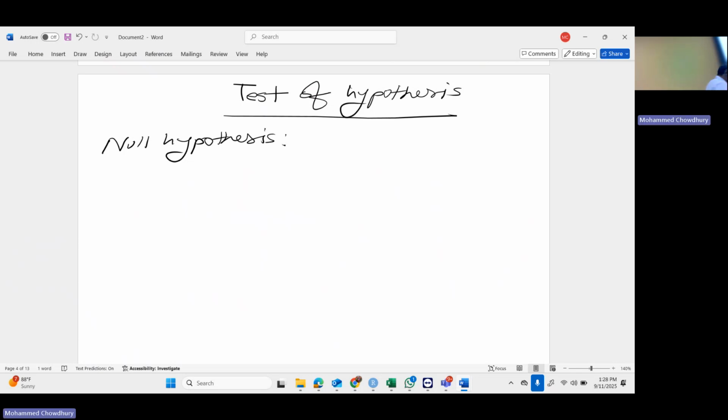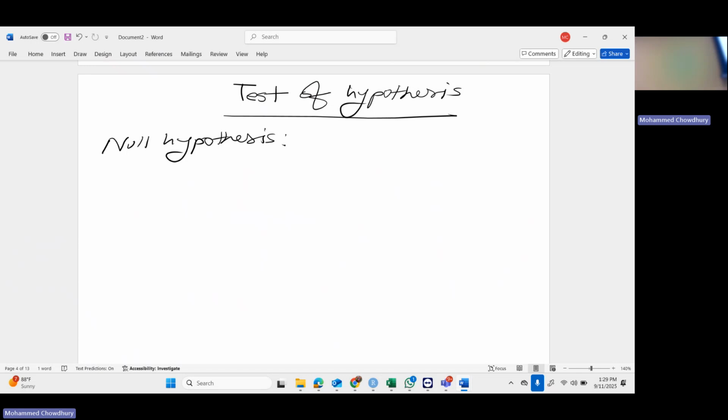The null hypothesis definition, if you want to write, you can write it down: the hypothesis that we want to test for possible rejection is called null hypothesis. Any hypothesis other than null hypothesis is called alternative hypothesis. So three definitions I discussed in the last minute.